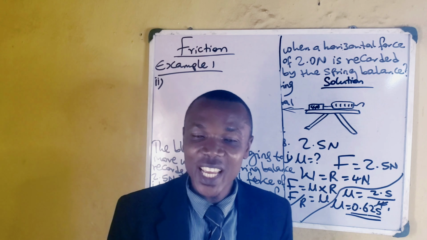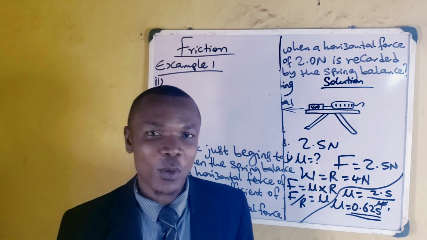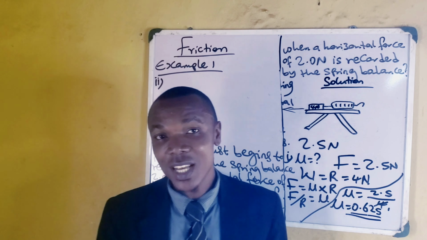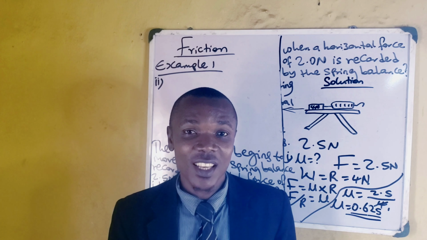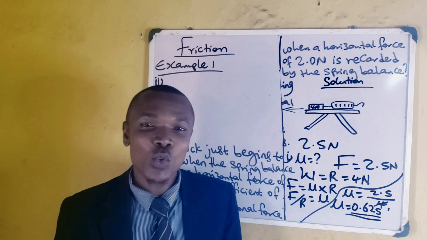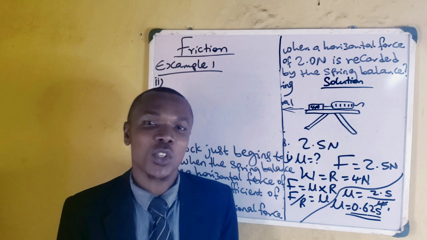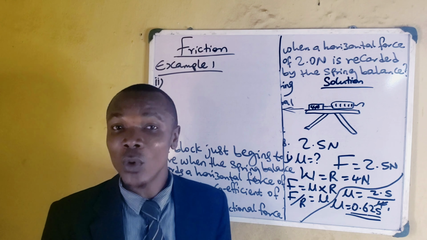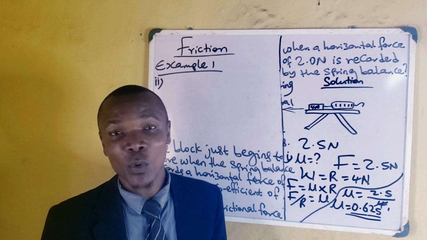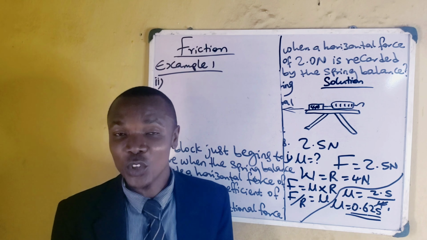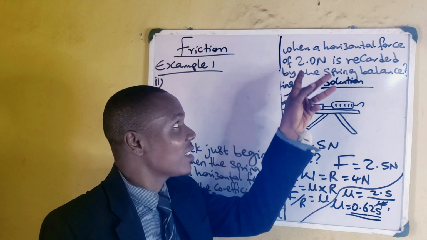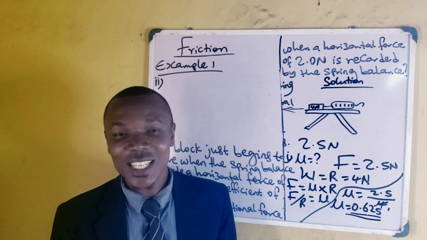If you supply 1.8, it will give you 1.8 back, so the frictional force will become 1.8. If you supply 1.5, it will give you back 1.5. If you supply 1 newton, it will give you back 1 newton. That means the friction will be 1 newton, 1.5, 1.8, or 2.0, as the case may be, as long as the force you are exerting is not up to the static friction, which is 2.5.